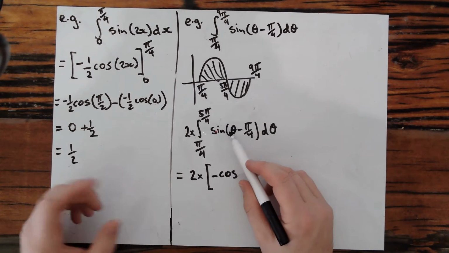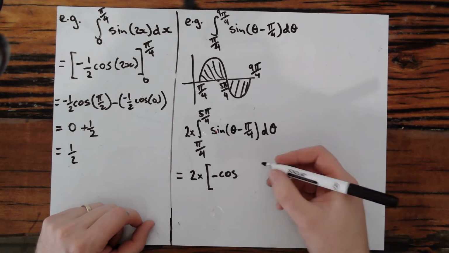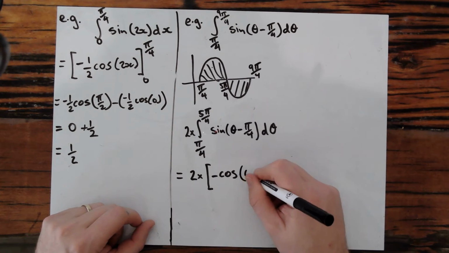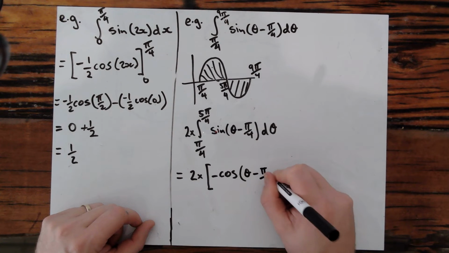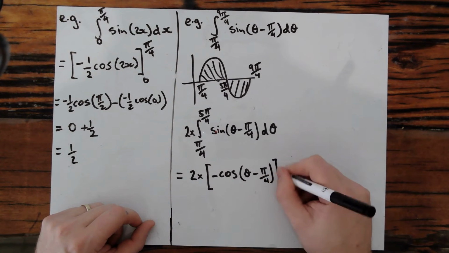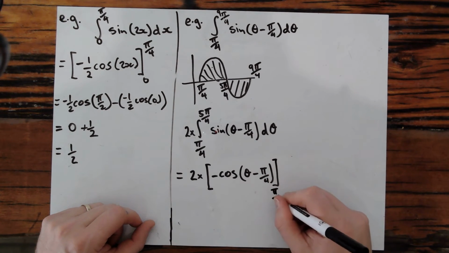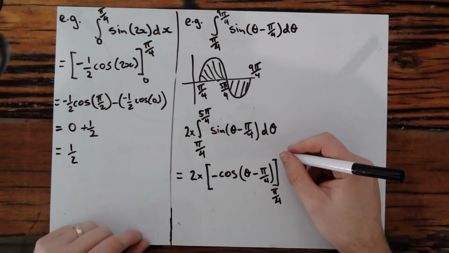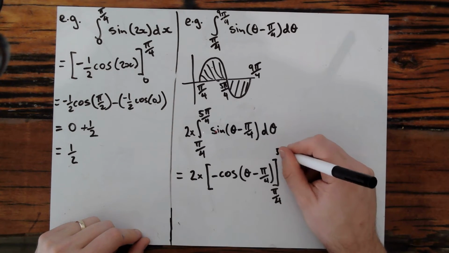Our coefficient of theta instead of x this time is just 1, so nothing's going to change there. So negative cos of theta minus pi on 4, from pi on 4 up to 5 pi on 4.